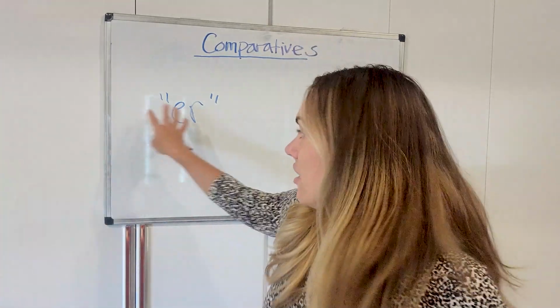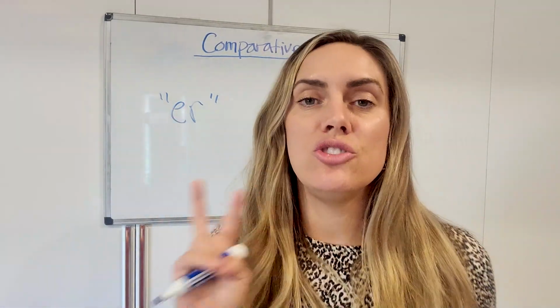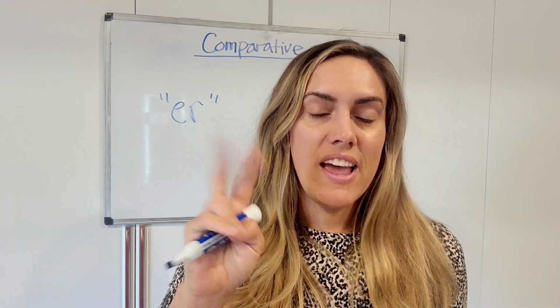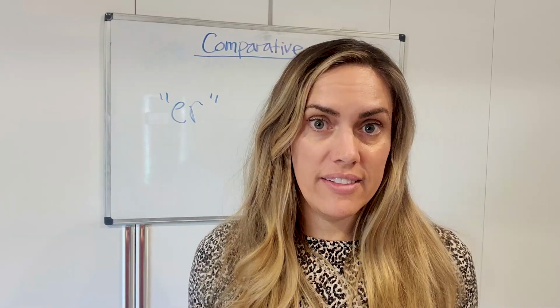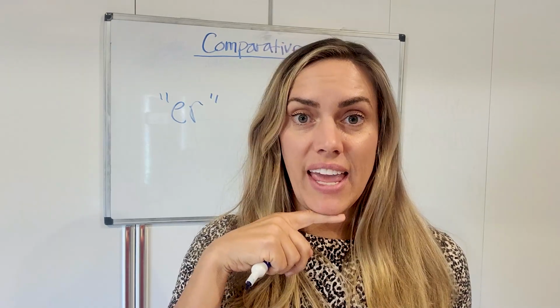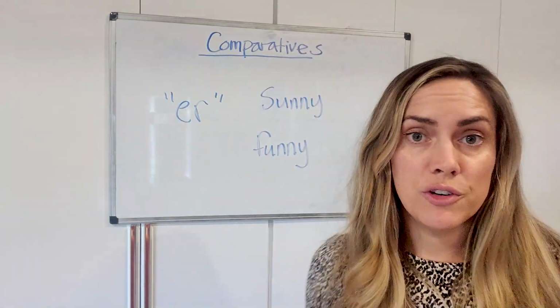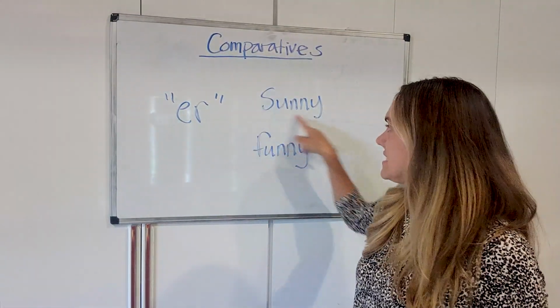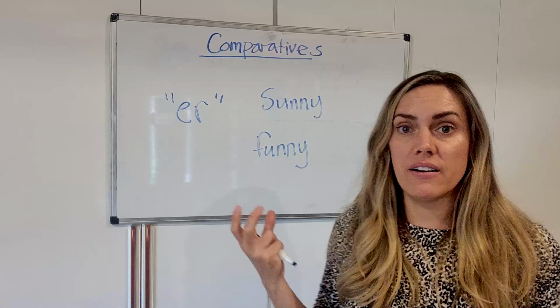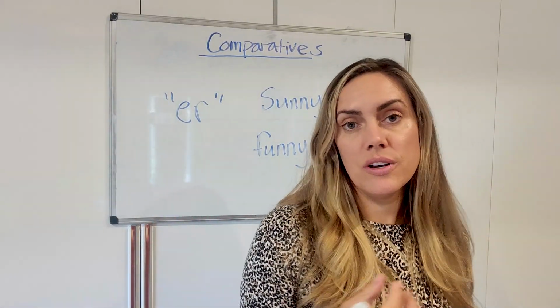We add ER also to the end of an adjective when it's two syllables and ends with a Y, like funny, sunny, okay? Two syllables and ends with a Y. So for example, sunny, I want to compare California's sunlight to Norway's.